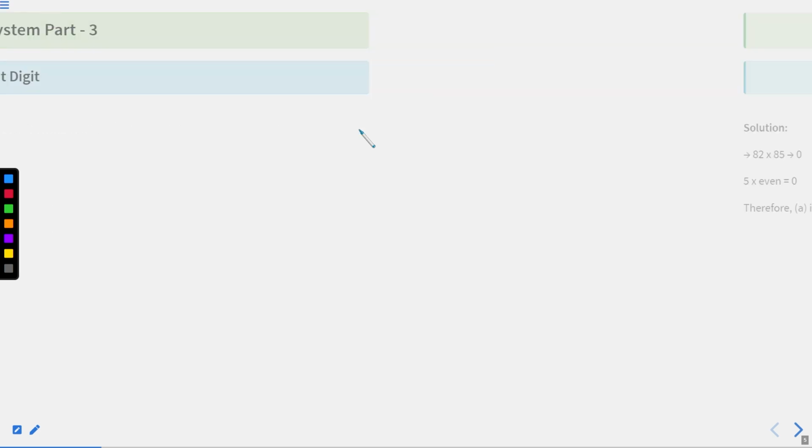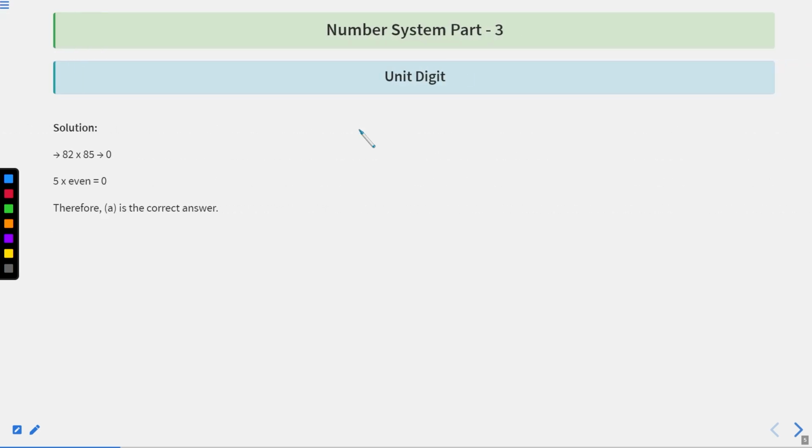And you know that whenever you multiply 2 and 5 at the unit digit, you will always have a 0. After you have a 0 in the unit digit, whatever number you multiply, the unit digit will always be 0 only. So I can also say that whenever you multiply 5 with any even number, your unit digit is going to be 0.